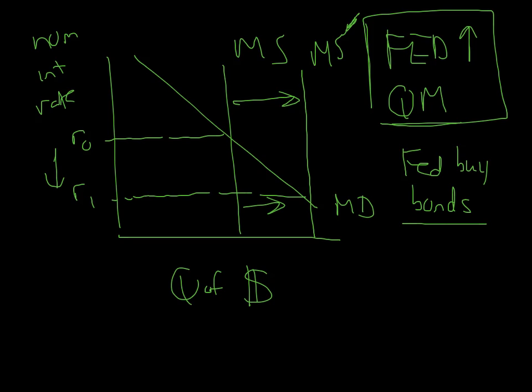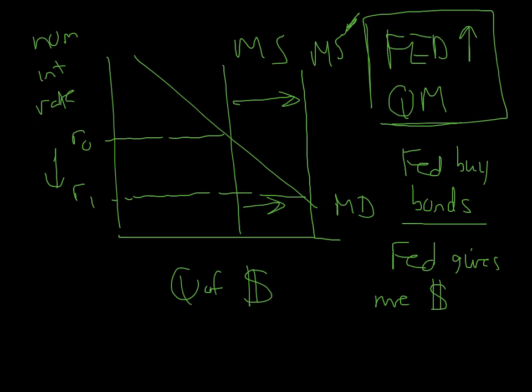They buy bonds in the open market from someone in the public, a person, a corporation, a bank. So if the Fed buys a bond, it is an asset that someone else has. So if the Fed buys my bond, I'm going to give them my bond, but doesn't the Fed have to give me money? Because they're buying my assets.